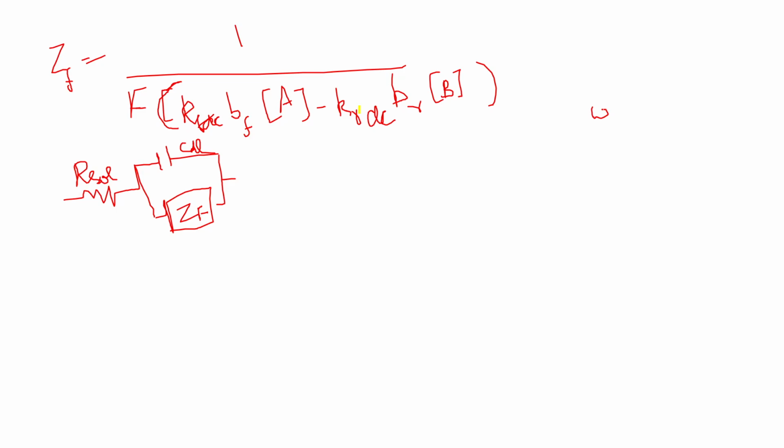So if impedance is not dependent on frequency, you do not need a capacitor or an inductor to model it. I'll repeat once again. If the impedance equation does not have omega, that means the impedance is not a function of frequency.